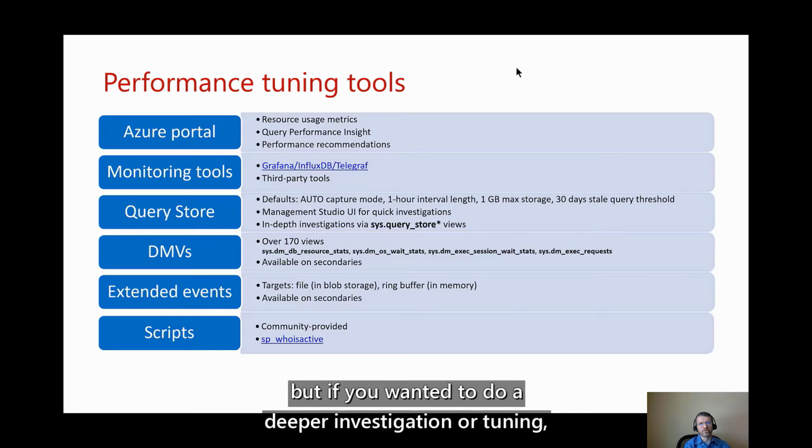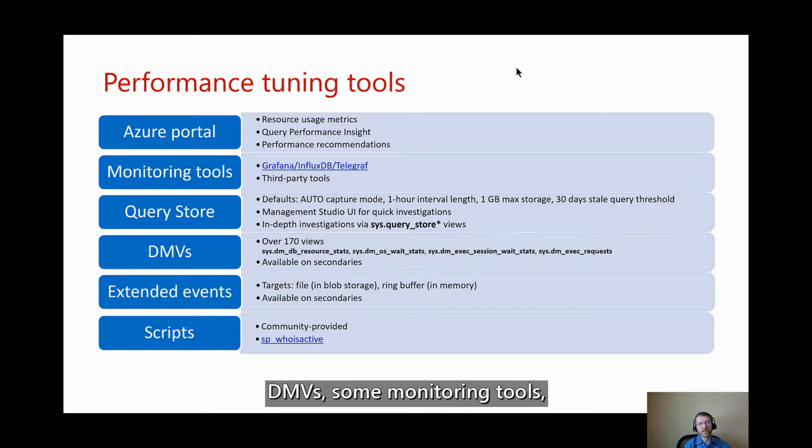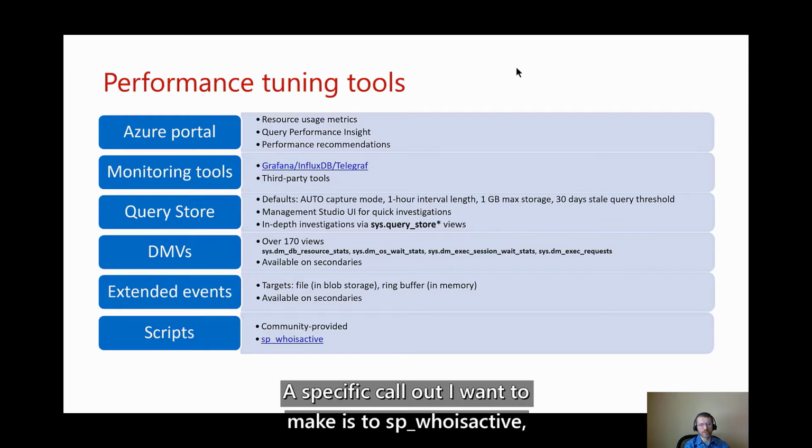But if you wanted to do a deeper investigation or tuning, you will probably use other tools such as Query Store, DMVs, some kind of monitoring tools, or possibly extended events. Not to mention any kind of performance tuning scripts that you may have. And a specific call out I want to make is to sp_whoisactive, which is a stored procedure that lets you see activity in the database in real time as it occurs, and that's very useful to understand what's happening at a point in time.